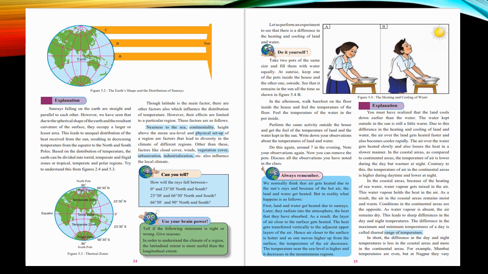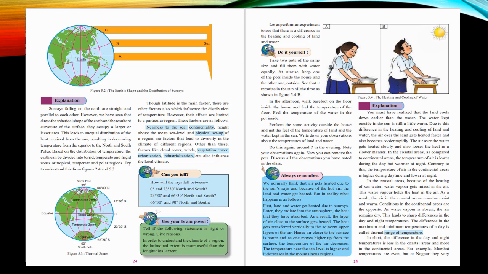Nearness to the sea, continentality, height above the mean sea level and physical setup of a region are the factors that lead to diversity in climate of different regions. As we all know, different regions have different climatic conditions.